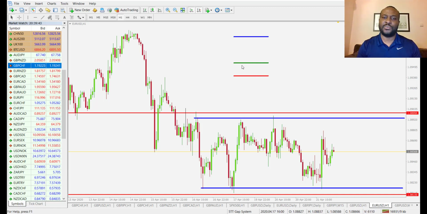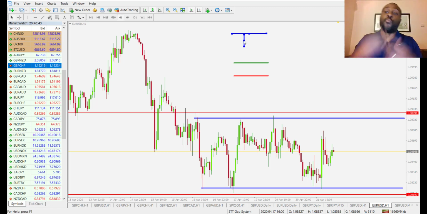This is ideally what you want: a situation where the size from your entry price to your stop loss is probably half of this other one. So this will be 1 and something like that 2. So that becomes a 2 reward to 1 risk. That's what that is about.